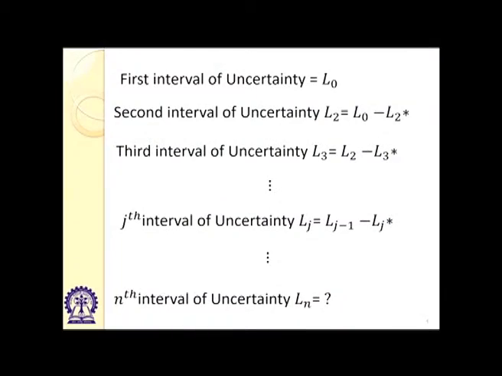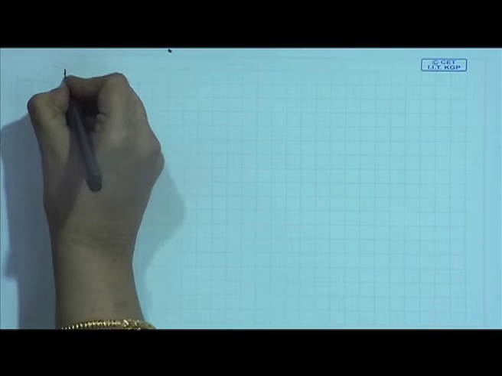That is why the size of my last, nth interval of uncertainty would be equal to 1 by Fn into L0 all the time. Clear? This is the beauty. If I just show you the calculations, then you will understand better.